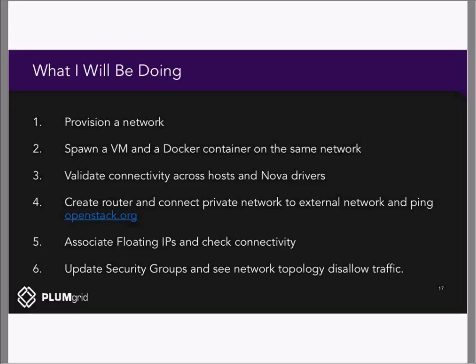I'll create a router and connect it to the private network, and we'll check connectivity with the external network. That's a ping to Google DNS, a ping to OpenStack.org. Then we'll associate floating IPs, check connectivity from outside to inside, and then play a little bit with the security groups to see how that affects the topology.